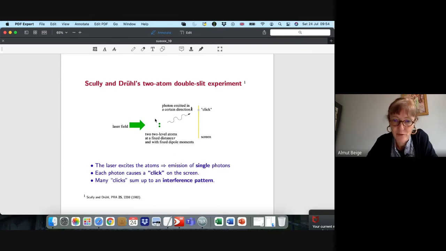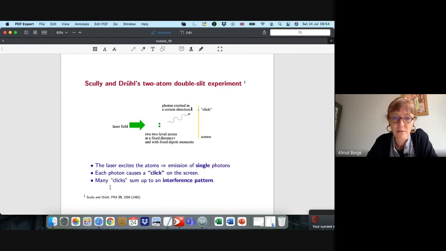But what happens when you drive two atoms? The laser should be coming from the side, so the laser light is not going to the screen. When you have two atoms, and they are relatively close together, then what we don't know is which atom was actually creating a photon.